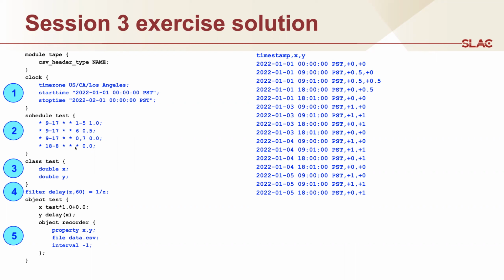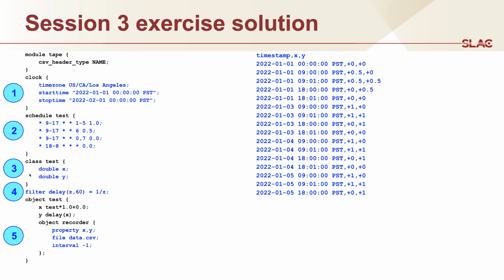And then for all other days, the balance of the time from 6 to 8 a.m., the value is 0 as well. So this creates a full schedule, right? All the values have been specified. And that schedule can then be used as an input later to a value, and it will feed that value with this as the input.